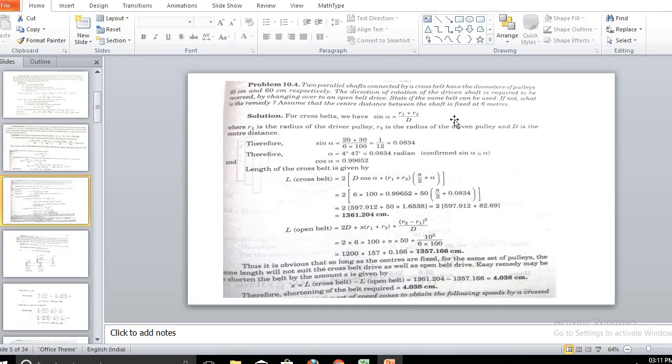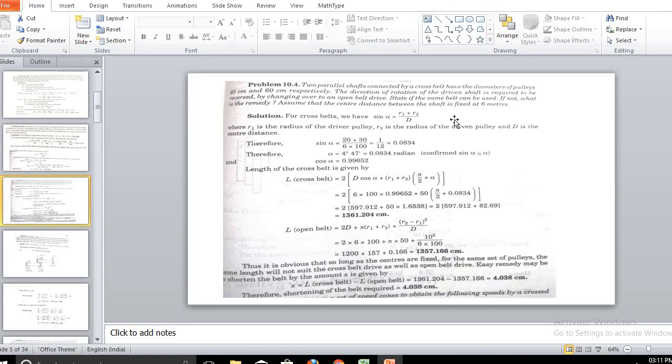Now that cross belt drive is shifted to an open belt drive. So whatever the length of the cross belt drive, it must be equal to the length of the open belt drive. Then and only then can we change the cross belt drive to the open belt drive without changing the belt.